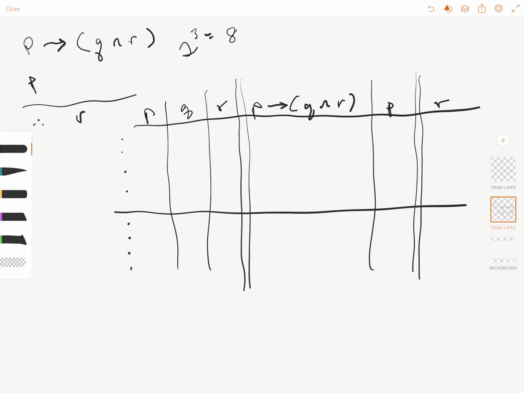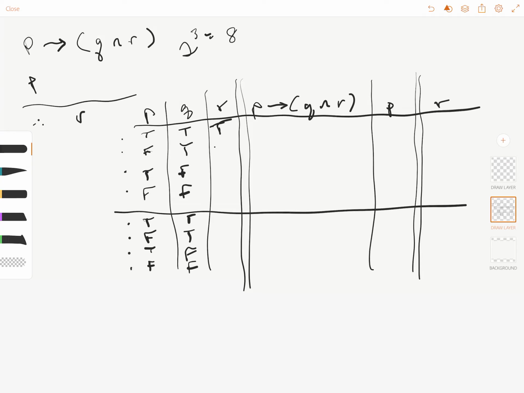So here we go, 1, 2, 3, 4 rows, and then I'll use a line to keep us organized, and 4 more rows. All right, so for the variables P, Q, and R, we're going to construct the inputs, starting with P, and we'll alternate by ones: true, false, true, false, true, false, true, false. That gives us our 8 rows.